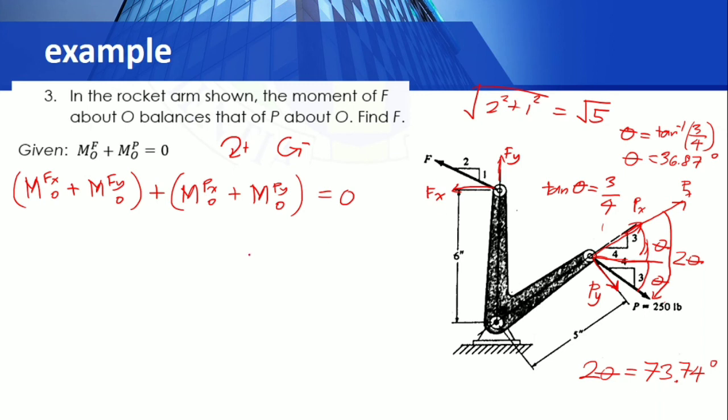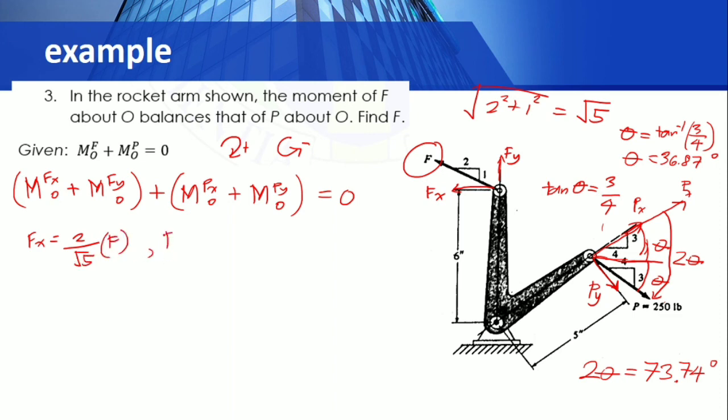So, pwede nating substitute. So, ano yung value ng f of x natin? So, kunin muna natin yung mga value ng f of x, f of y, py, and p of x. Okay? So, yung force F natin is hindi given kasi yun yung required natin. Yun yung hinahanap natin. So, para makuha natin yung f of x, yung slope niya, that will be 2 over square root of 5 multiplied by F. Okay?